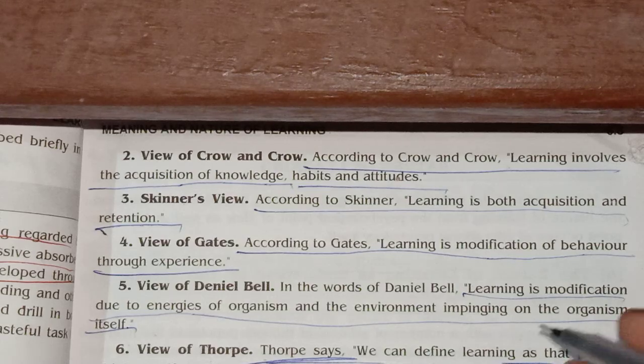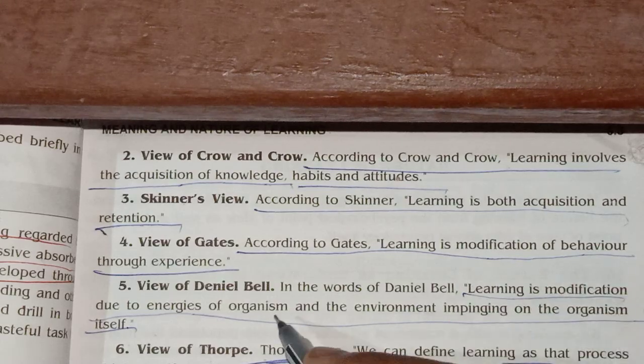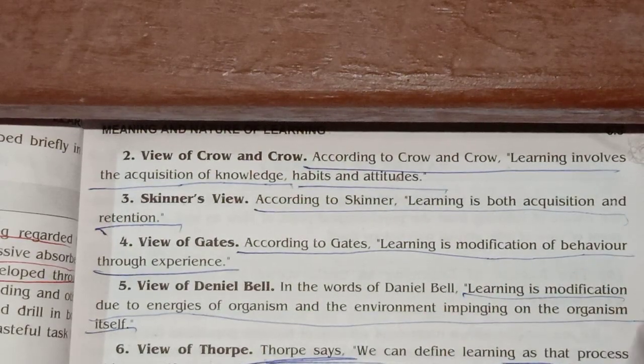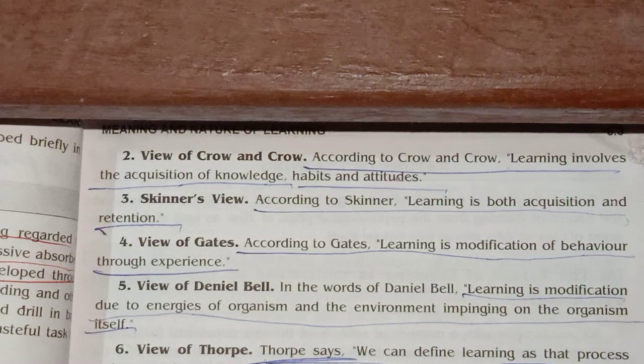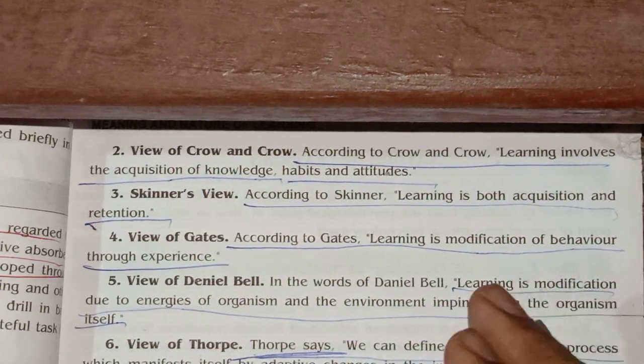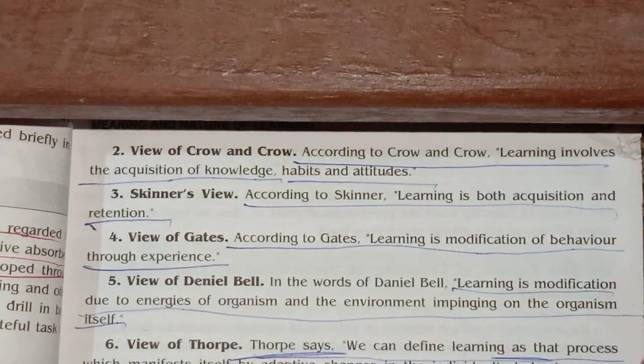So according to Gates, learning is modification of behavior through experience. This is the answer for a 1 mark question. For a 3 mark question, you have to elaborate in 1 or 2 lines. In 3 lines you can get 3 marks. If you write more, that will be a disastrous answer.